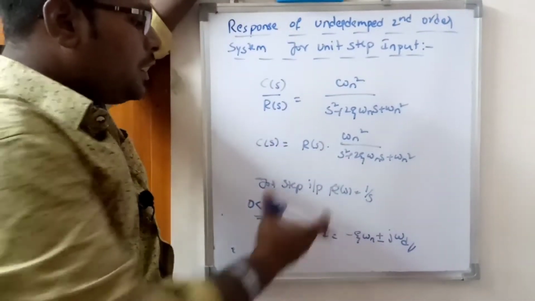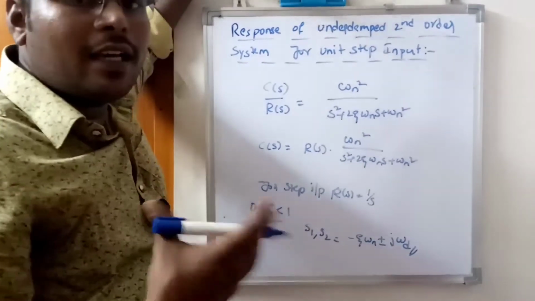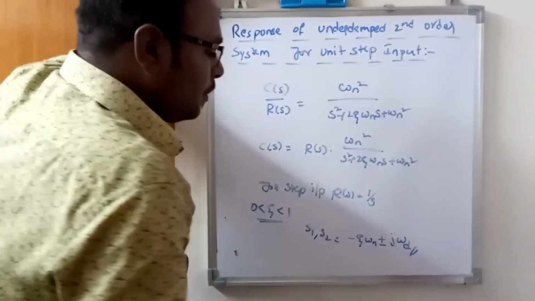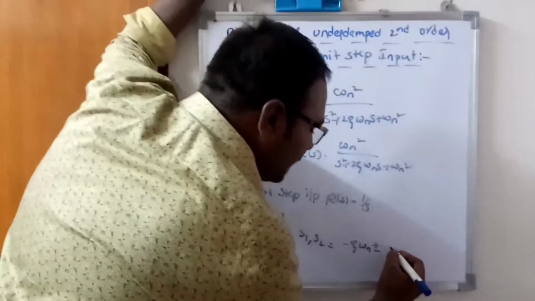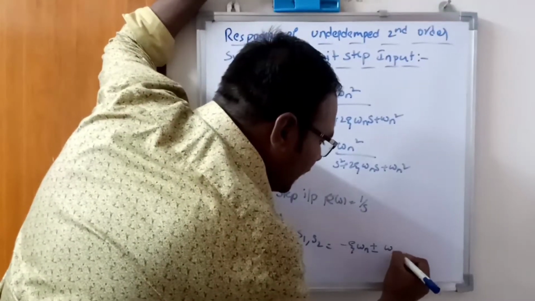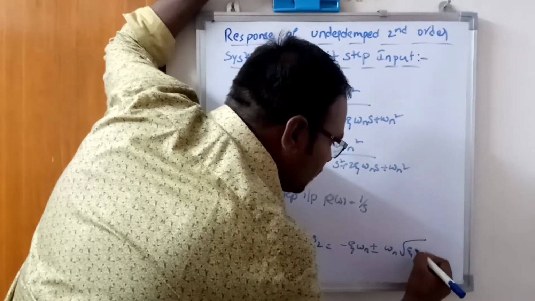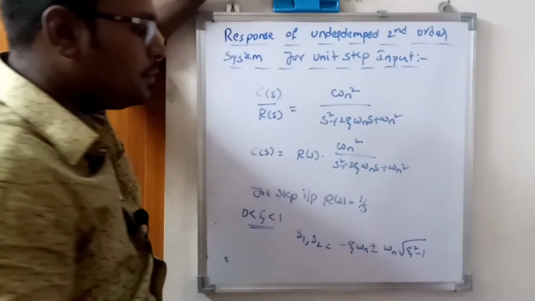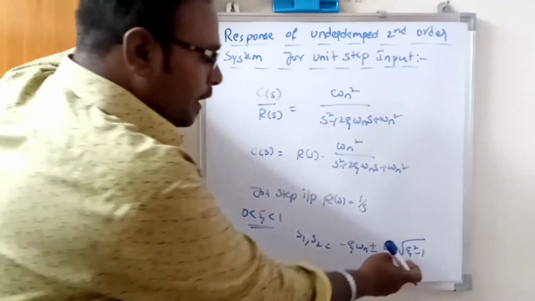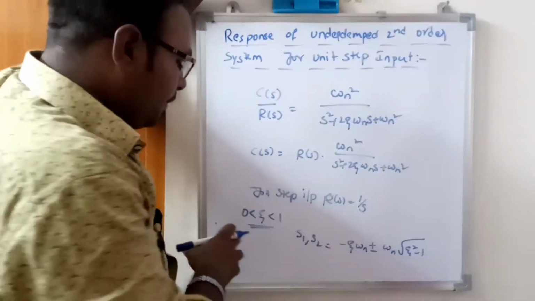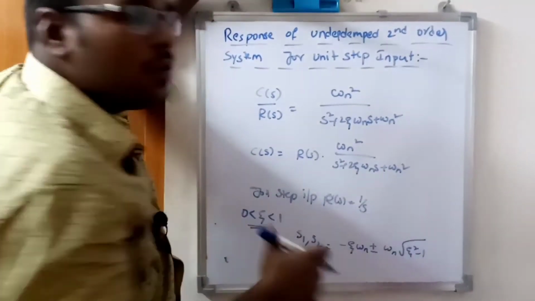This is what we discussed earlier in the previous class. Actually the root is plus or minus omega n into square root of zeta square minus 1. Here, the zeta value is always less than 1, so zeta square is also less than 1.